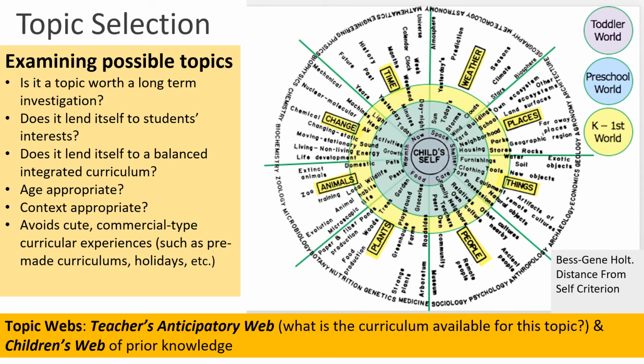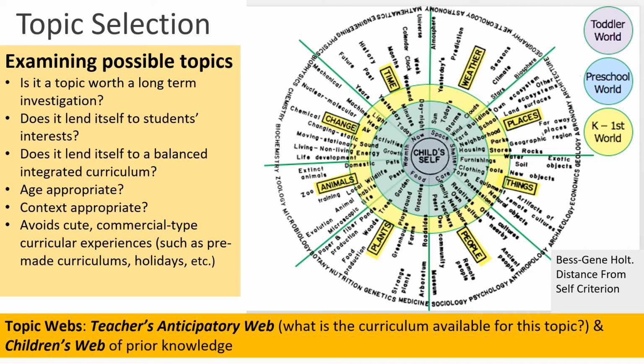And so where you see the large, broad topics in the squares, people, things, places, weather, time, change, animals, plants, those are the broad organizing categories. We are not going to have a project over animals. I've had a unit over animals before I knew better.